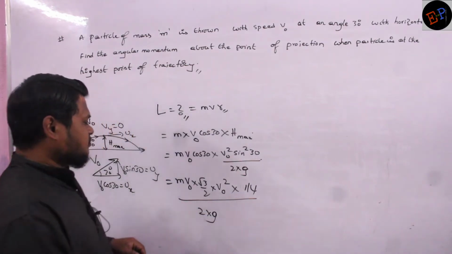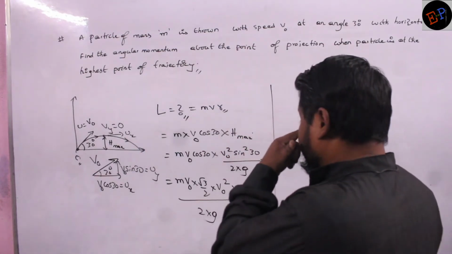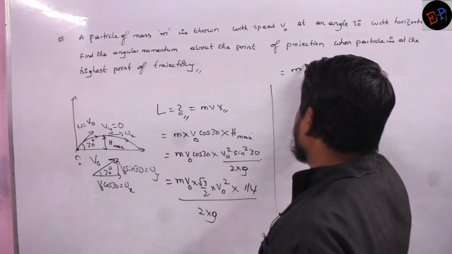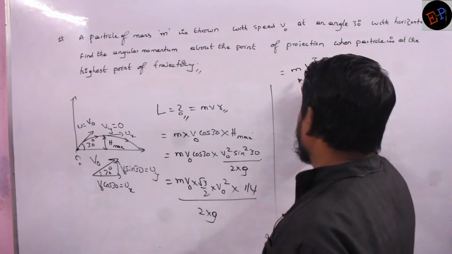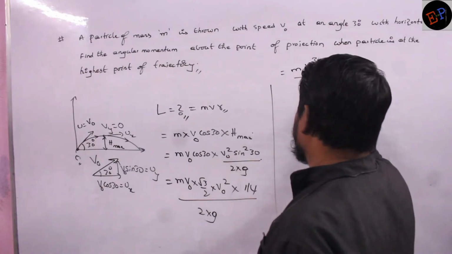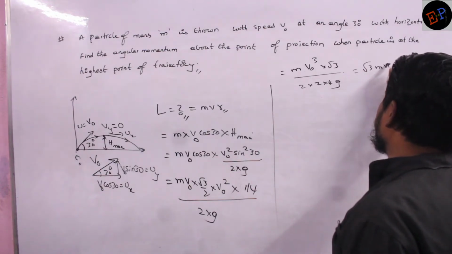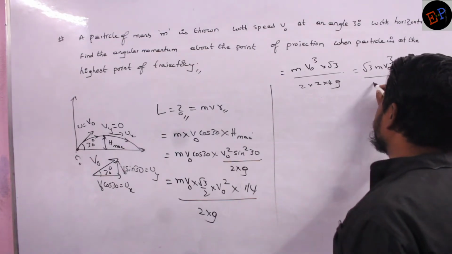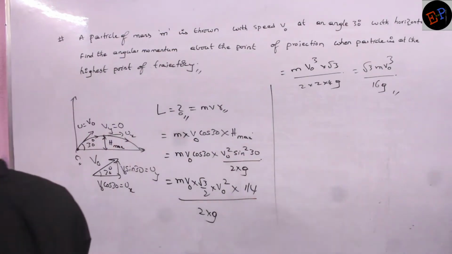That's all now. So therefore, now substitute. So m v naught cube multiplied by root 3 divided by 2 into 4g. Okay. So root 3 m v naught cube divided by 4, 2s are 8, 16g. So that is my answer. Are you able to understand?